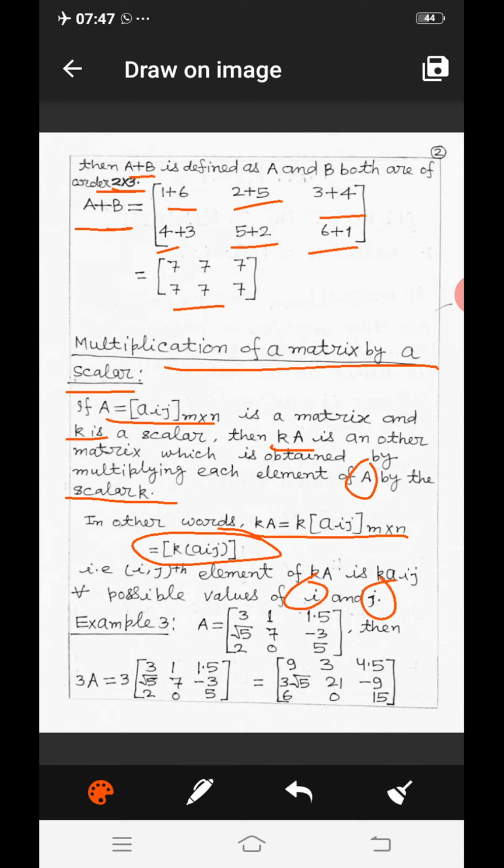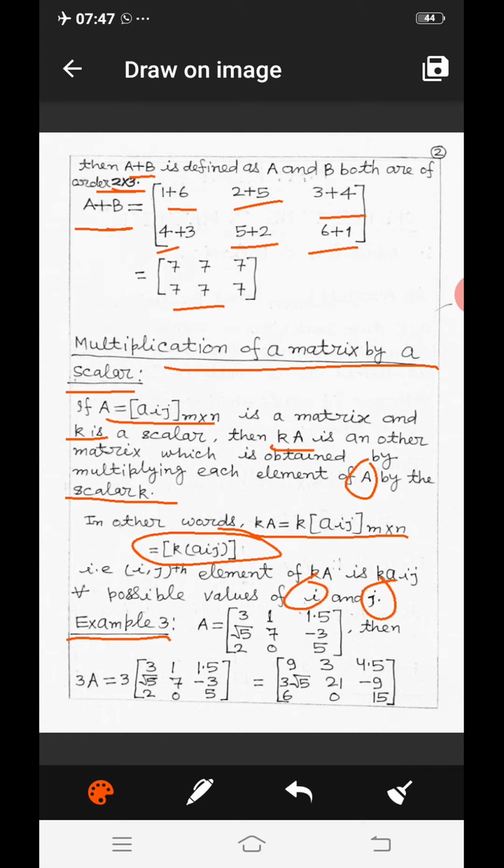Here taking an example, let a matrix A having elements 3, 1, 1.5, root 5, 7, minus 3, 2, 0, 5.